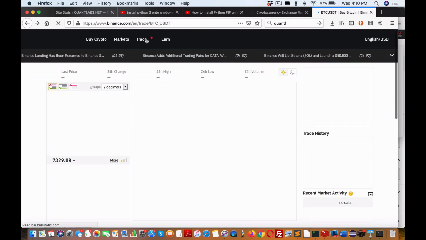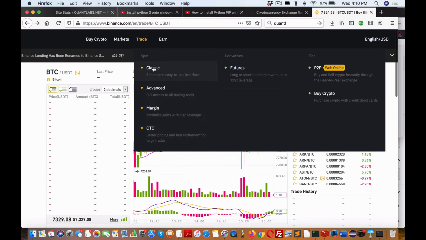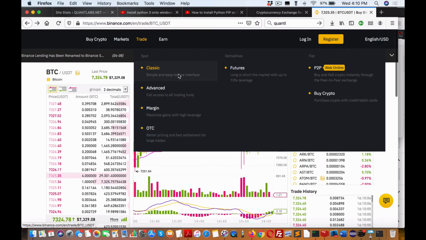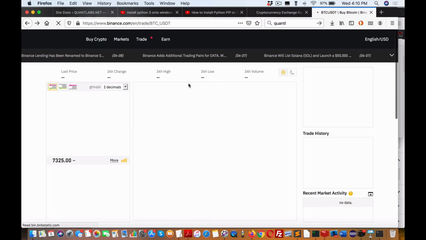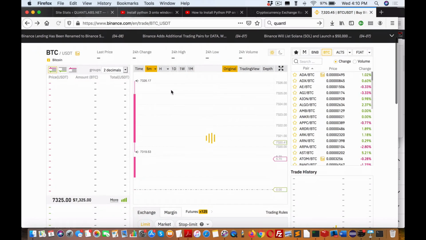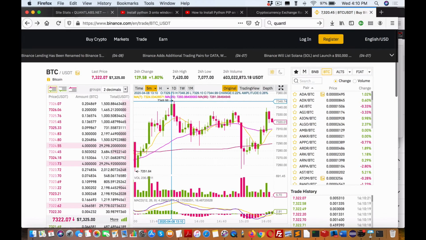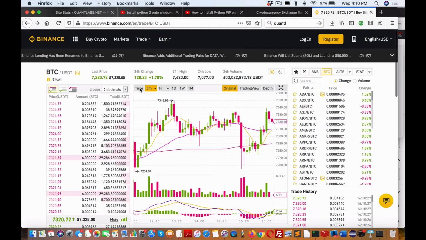And then we have the classic market in Binance. So this is where it gets even more confusing for people. So this is like, let's say, the BTC USDT market.